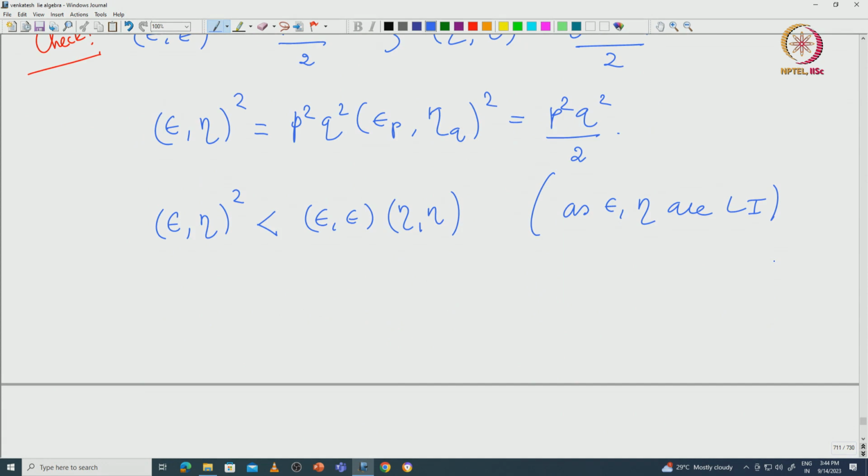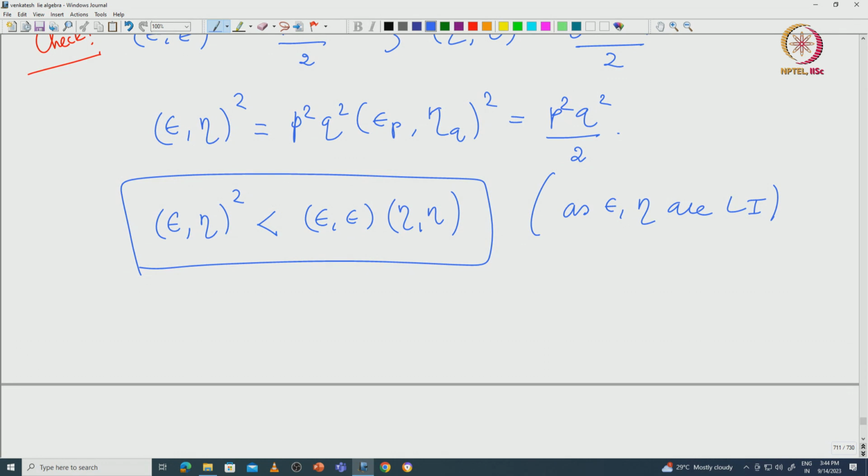So it must be linearly independent, and Cauchy-Schwarz must hold. We repeatedly use Cauchy-Schwarz because inner products are involved, and it puts lots of restrictions on these inner products. That is what we are doing.